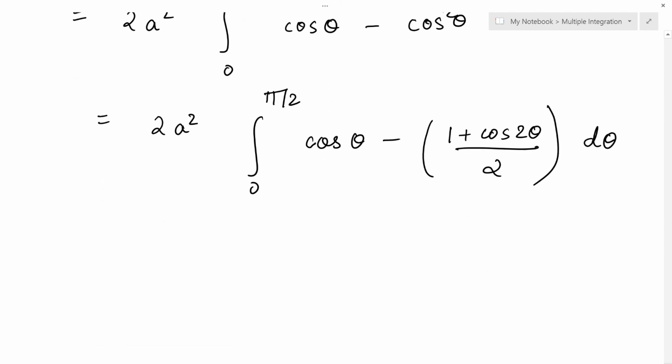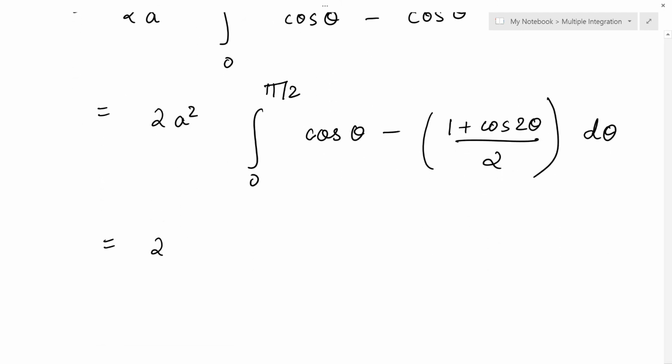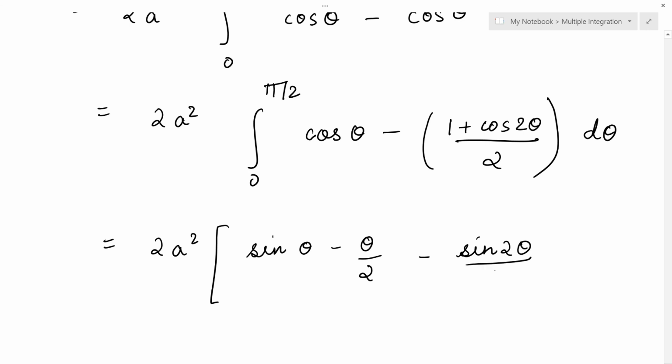So after integration we will have 2a square and then integration of cos, that will be sin theta, and cos 2 theta will be sin 2 theta by 2, and one more 2 will become 4. Substitute the limits of integration.